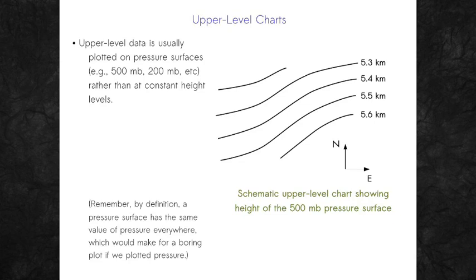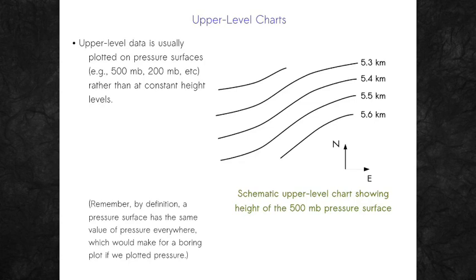And in a lot of ways, upper level charts are going to be similar to the surface pressure maps we looked at earlier, in the sense that we're going to be showing contours that represent constant value of certain things. But there is one big difference between our upper level charts and our surface maps. If you remember back to the surface maps, the things that we're plotting constant value of are pressure, right?